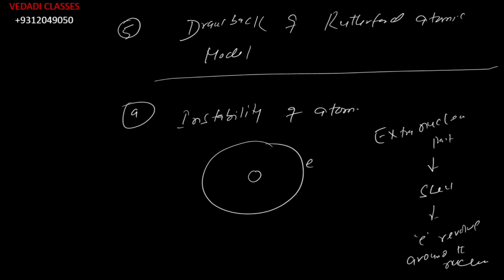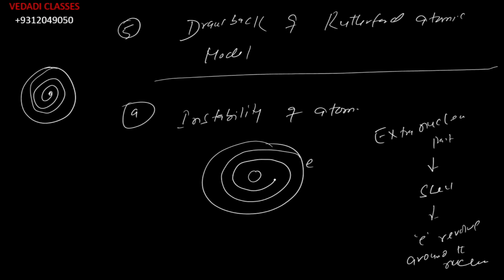Now suppose anything is in motion, for example if I ask you to run, you will run, finally get tired and fall down. In a similar way, the electron will revolve around the nucleus and finally collide with the nucleus sometime. If the collision happens, do you think there will be any existence of the atom? No. So somewhere this theory is not perfect about the stability of the atom.